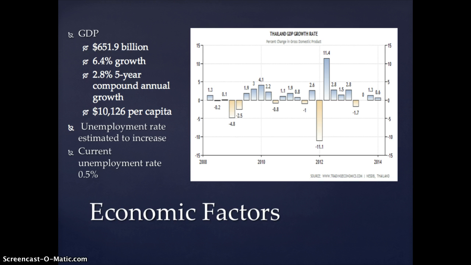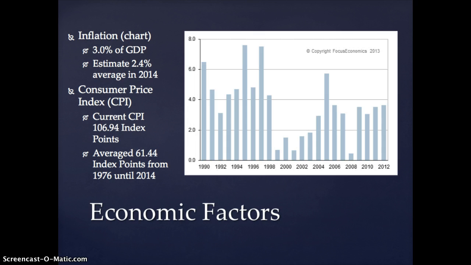Also, the unemployment rate in Thailand is 0.05%, but it is expected to increase to 1% or more this year because of the increase in minimum daily wage of 300 baht. Also, there's inflation in Thailand. Current inflation is at 3%, but the Bank of Thailand projects an average inflation rate of 2.4% in the year of 2014.